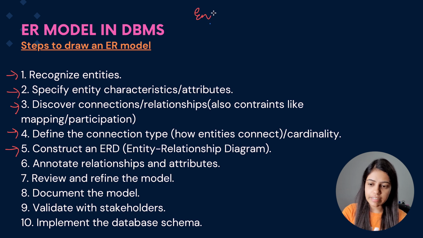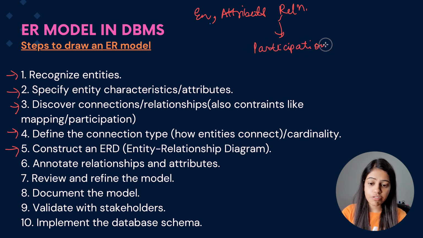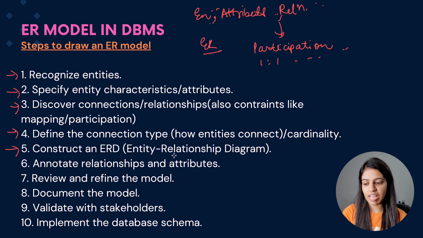We got the entities, we got the characteristics, that is attributes, we got the relationship among entities. Also we got what kind of relationship they have, what kind of participation they have, what kind of mapping they have. Like we got all the details. Now we can go ahead and design the ER model for the same. So construct an ERD, that is, entity relationship diagram.